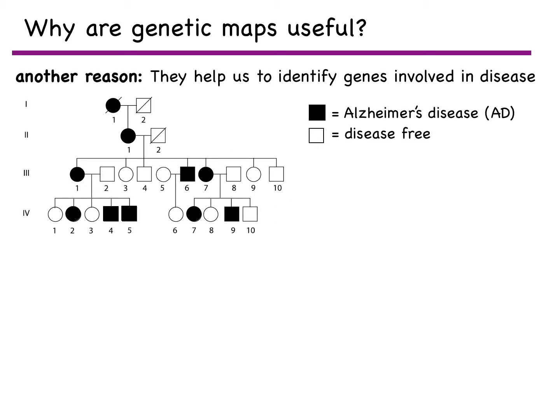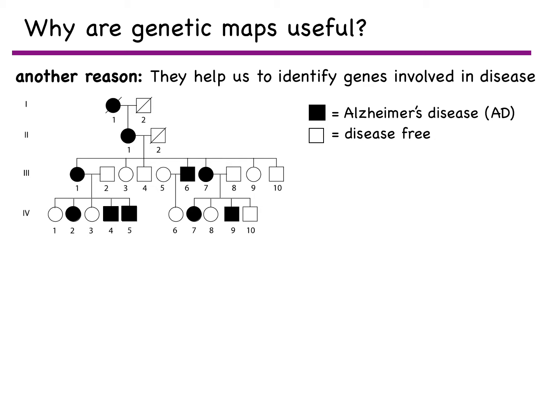In the last lecture, I told you one reason why genetic maps are useful: it helps you to predict the outcomes of crosses. It helps you to figure out roughly what progeny you're going to get and in roughly what proportions. Another reason genetic maps are extremely useful is that they help us to identify genes involved in a heritable human disease.